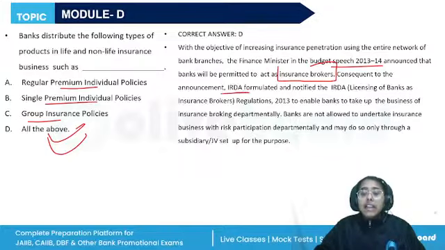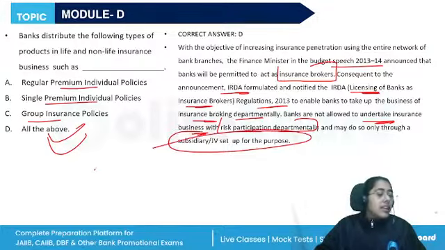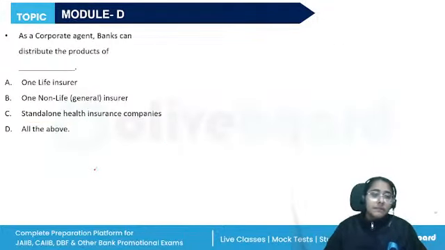Then RBI formulated the regulations for licensing of banks as insurance brokers in 2013 to enable banks to take up the business of insurance departmentally, but without risk participation. If they're undertaking the insurance business, then they can do it without risk participation departmentally, and with risk participation only through a subsidiary or a joint venture.